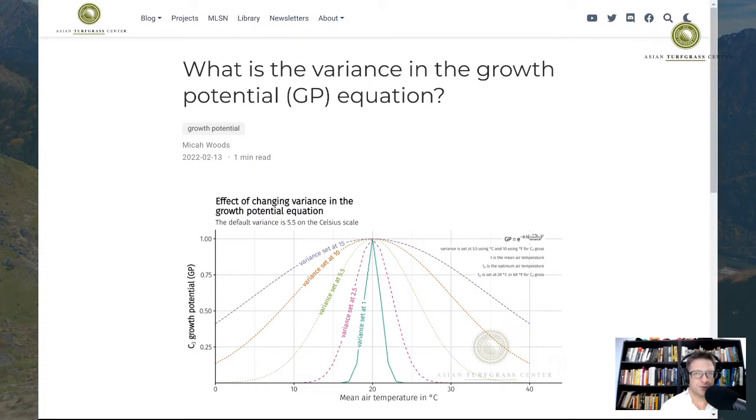Or in Celsius, it would be 16 degrees to 24 degrees Celsius. That's the optimum range where we can expect, for most cool season turfgrass species, the temperature would be close to an optimum for net photosynthesis. That's how the optimum temperature for the growth potential equation is set.